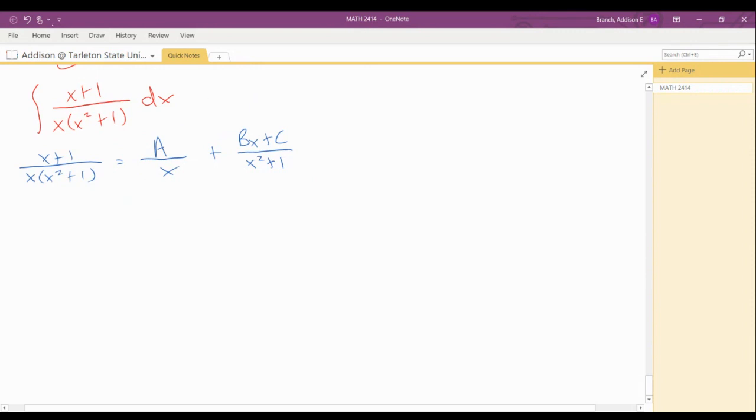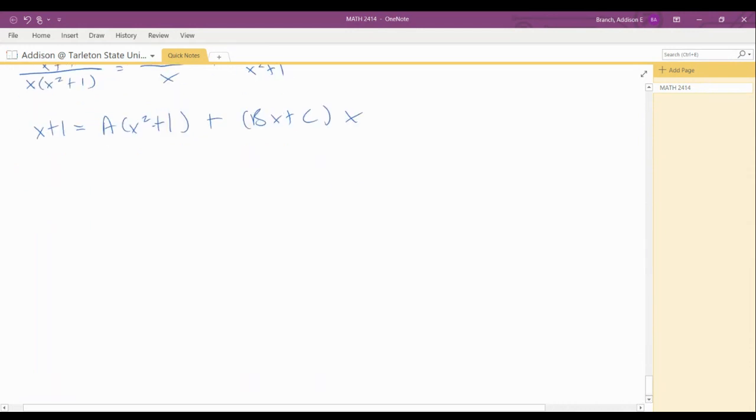So now let's go ahead and set it up. We have x plus 1 is equal to A times (x squared plus 1) plus (Bx plus C) times x. Once again, this isn't a good one where we can just plug and chug numbers, because x squared plus 1 will never equal 0 at any point.